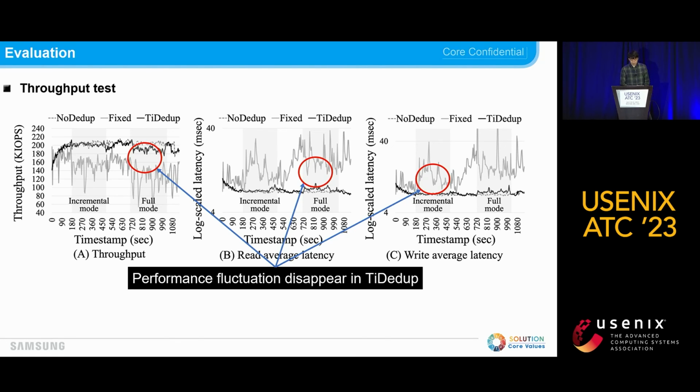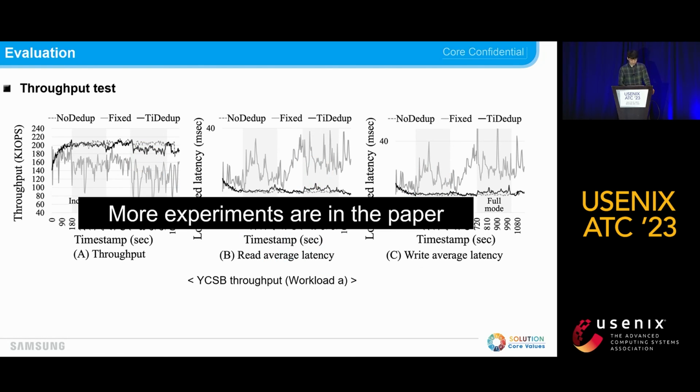As you can see in the figure, the fixed, which represents the prior work, suffers from performance degradation because of background work. On the other hand, TiDedup shows constant performance in terms of both throughput and latency. Besides, we have done more experiments. Please see our paper if you are interested.